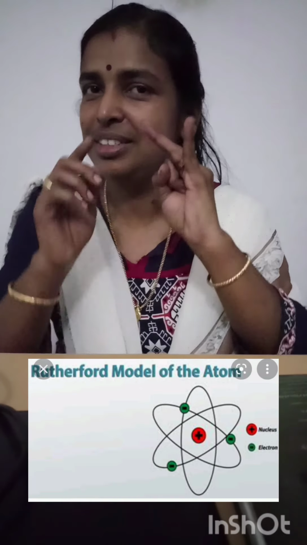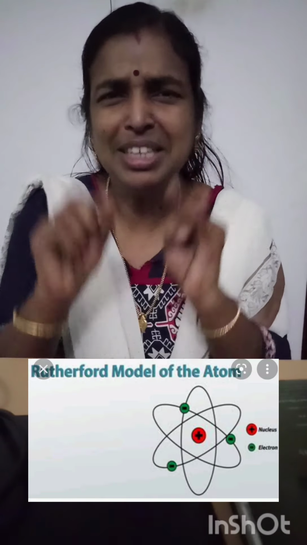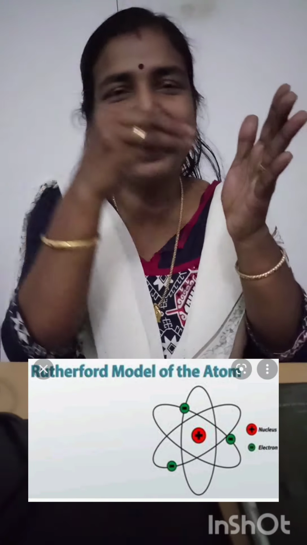So let us discuss his model. According to him, an atom contains large empty space. Second, positively charged particles are concentrated at the center of the atom, which is known as the nucleus. The size of this nucleus is very small compared to the size of the atom.